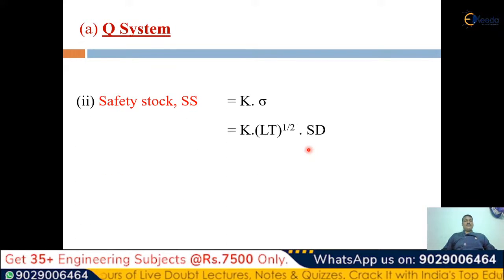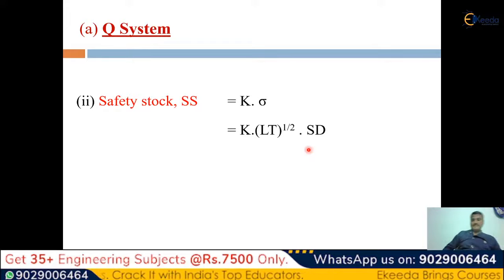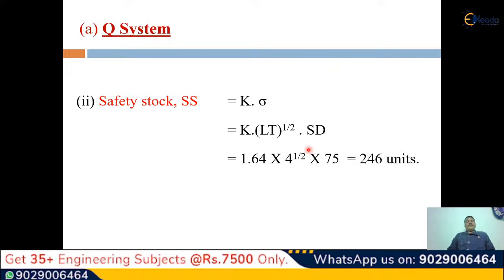Next, for finding out the safety stock, we'll find out K into sigma, which is K into LT to the power half into D, which is 1.64 into root over of 4 into 75, which is 246 units.